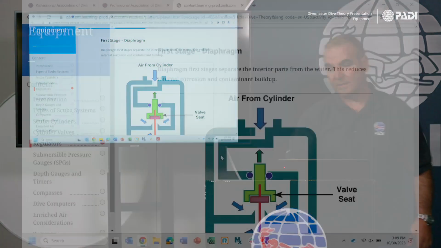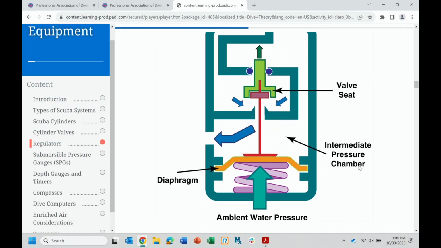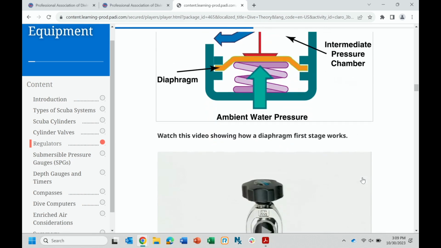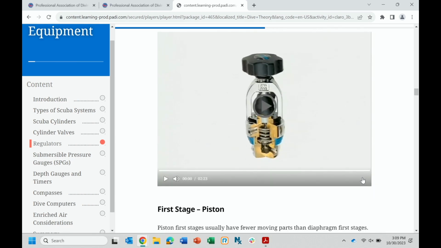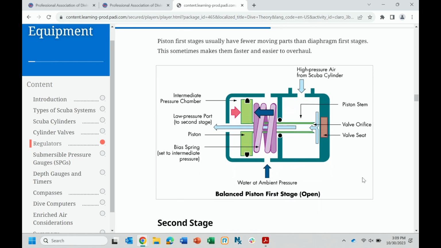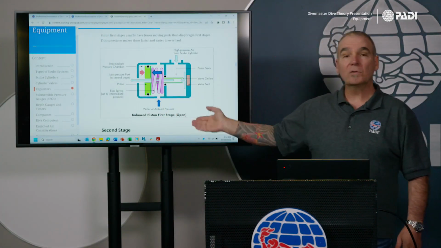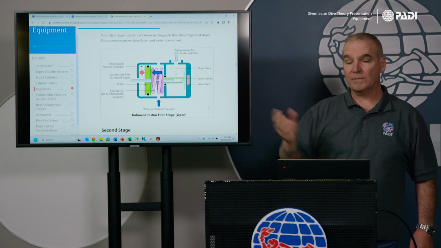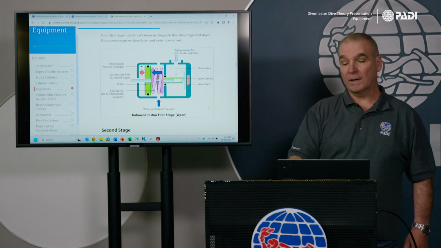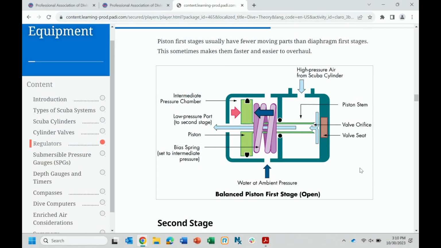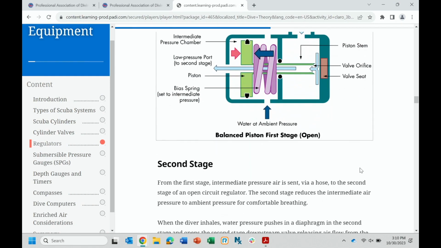As you can see, there's an excellent drawing on how this works with the diaphragm, and then you've got videos of those that are really cool. And then, of course, the piston system, which is really cool for reasons like being easier to overhaul. They have fewer parts, so there are also advantages to having a balanced piston regulator.